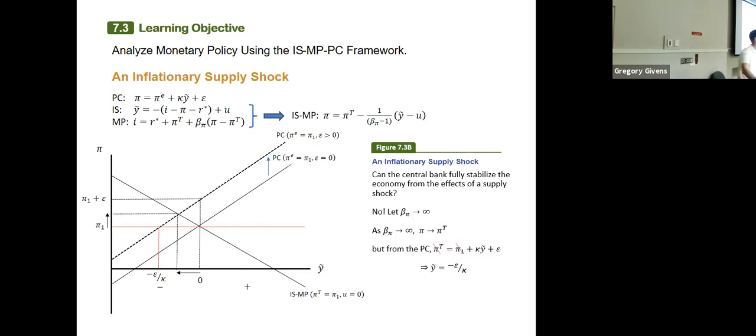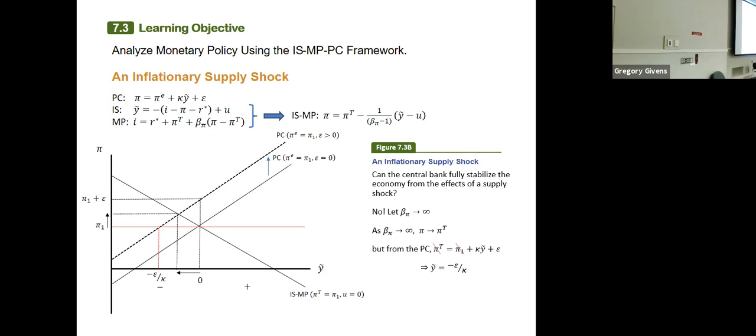So what do you see differs between a demand shock versus a supply shock? This is a key point that I was hoping to get before we conclude today. In response to a negative demand shock, what was the central bank able to do?